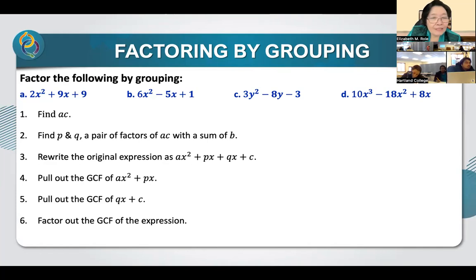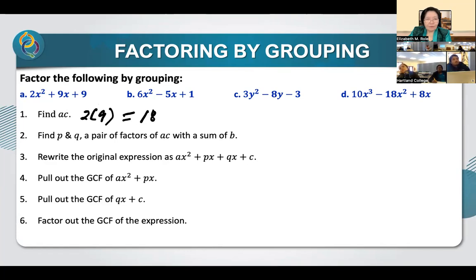I now have 2x squared plus 9x plus 9. What is AC? You can join me first and then I'll ask you to work on the other ones. What is AC? 18. So you now have 2 times 9 is equal to 18. What are the two factors of 18 with a sum of 9? Plus 6 plus 3.